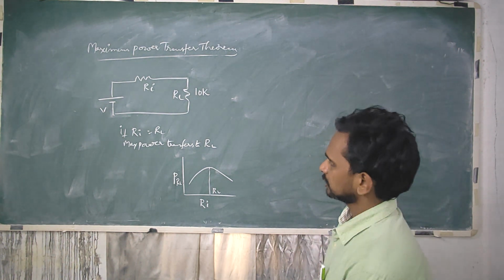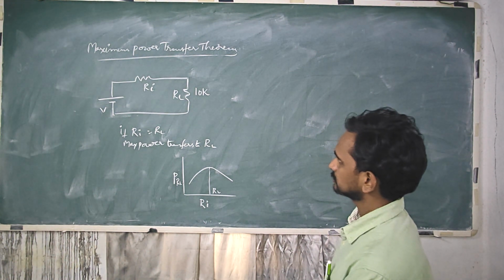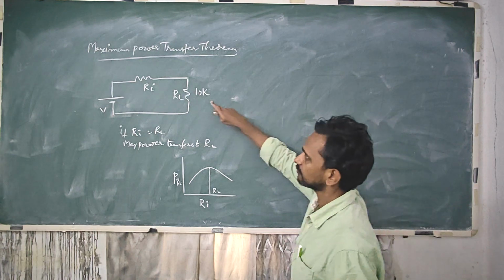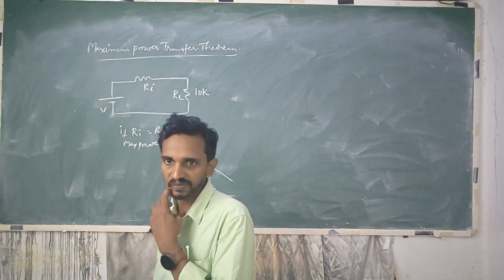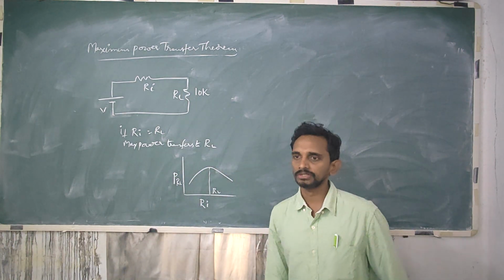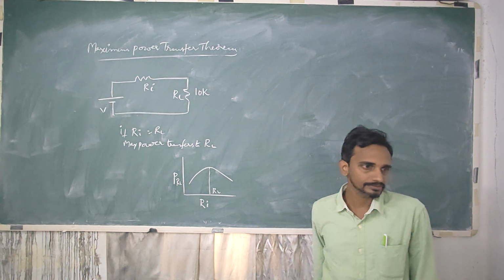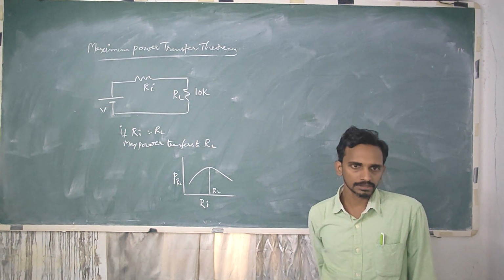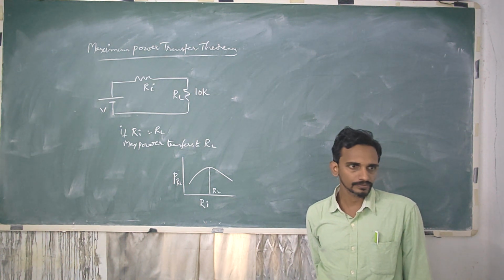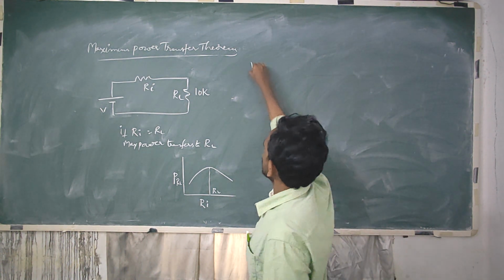Okay. So what is that we need to do? We have to calculate power through RL. So for that we have to get the value of current and voltage across RL and current through RL. So here VRL is what?